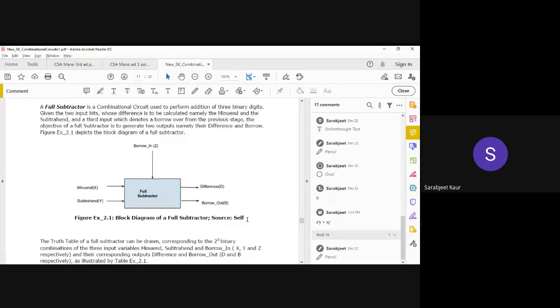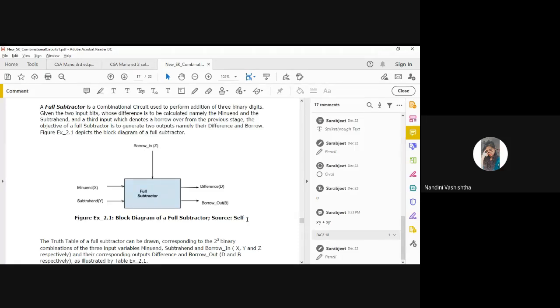Nandini, can you please read? Yes, ma'am. A full subtractor is a combinational circuit used to perform subtraction of three binary digits. Given the two input bits whose difference is to be calculated, namely the minuend and the subtrahend, and a third input which denotes a borrow over from the previous stage.